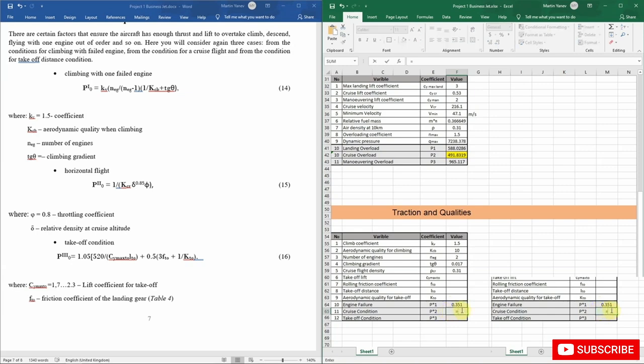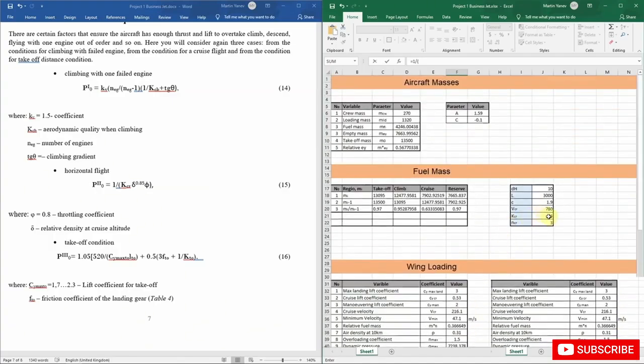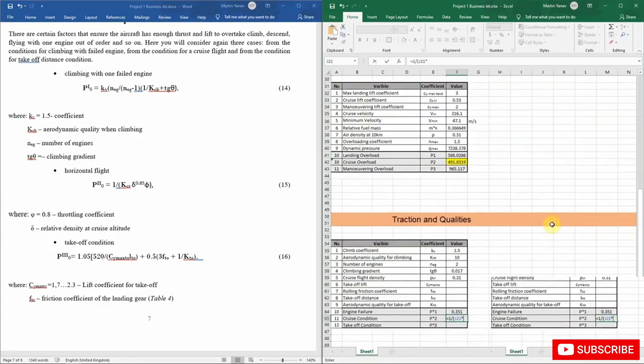Let's estimate the same coefficient, but for maintaining a horizontal flight. This is going to be equal to 1 divided by K. So 1 divided by the quality at cruise flight, which we have here, and it's 16, multiplied by the density at cruise flight.